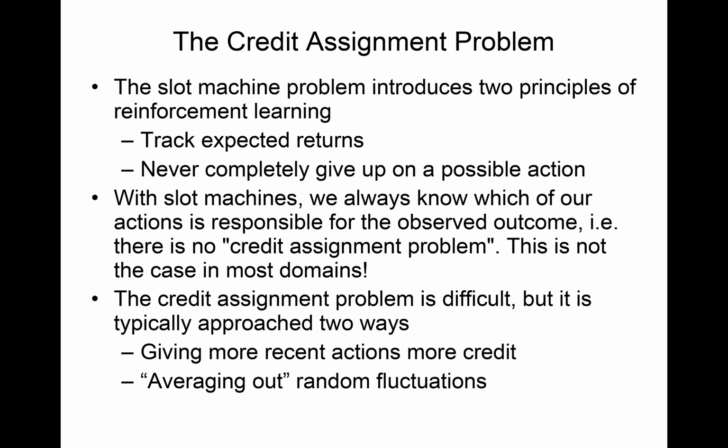In order to learn and to improve your behavior, if you can't solve the credit assignment problem successfully, then how do you learn from experience? It's pretty hard, maybe impossible. So how are we going to see the credit assignment problem approached? It is a difficult problem, but we're going to approach it typically in 2 ways. One is that we tend to give recent actions more credit.